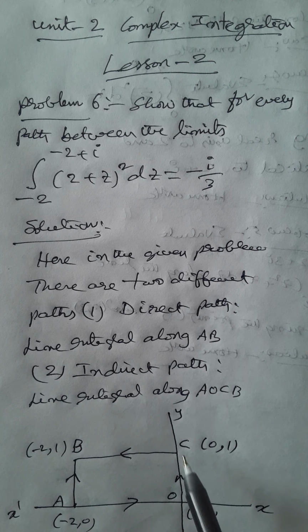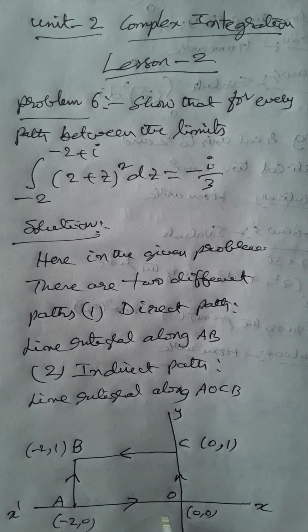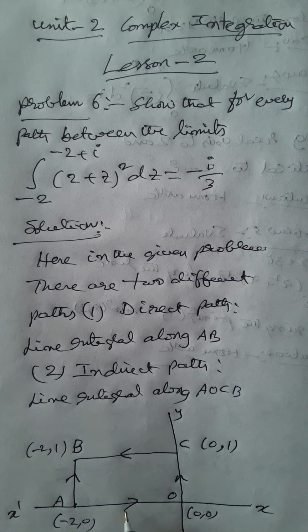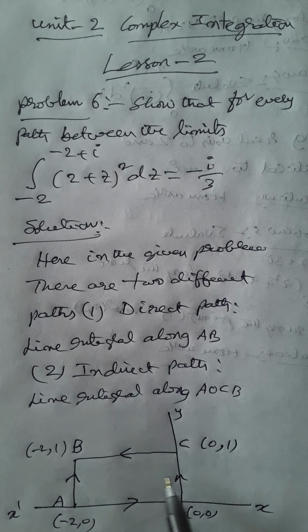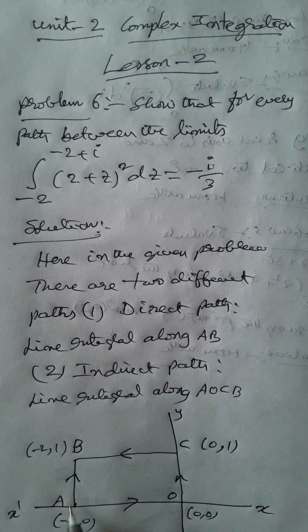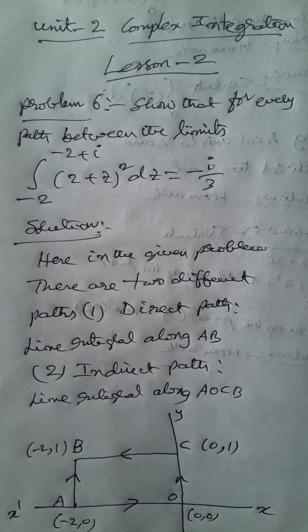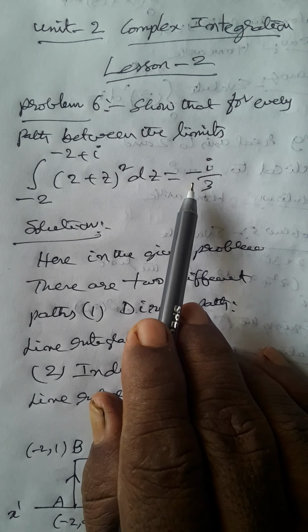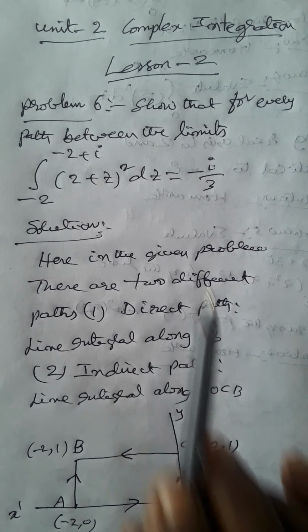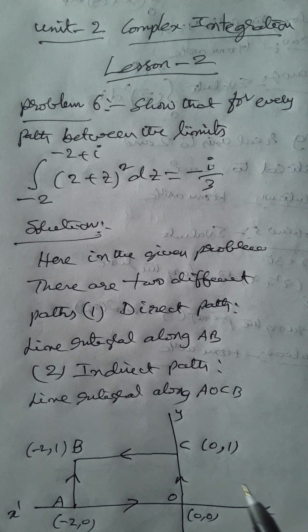In the direct path only 1 line integral is there. In the indirect path, the summation of 3 line integrals I1, I2, I3, and I1 plus I2 plus I3 is nothing but I. We have to prove that along AB and along AOCB, in both paths the value is minus i by 3. This is our problem.